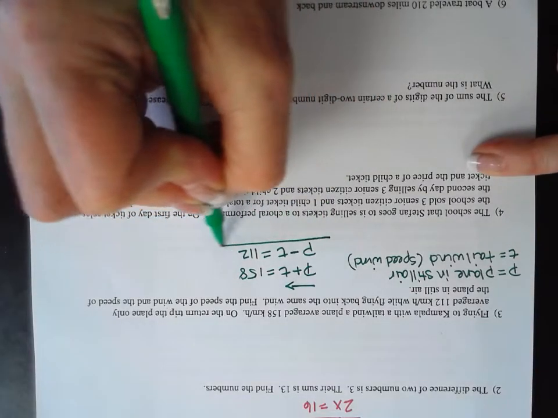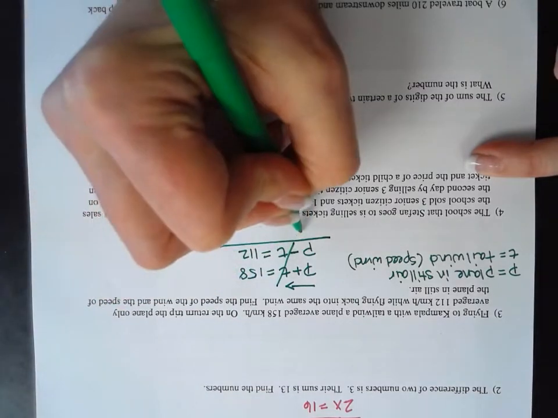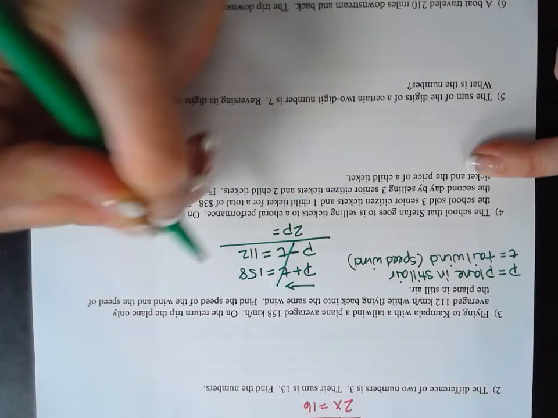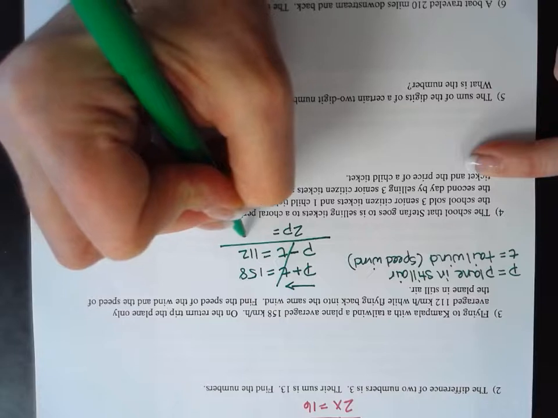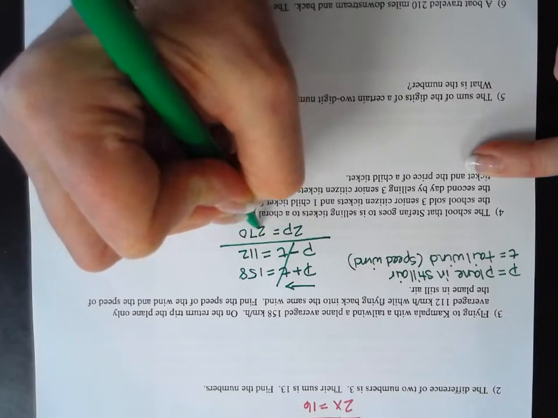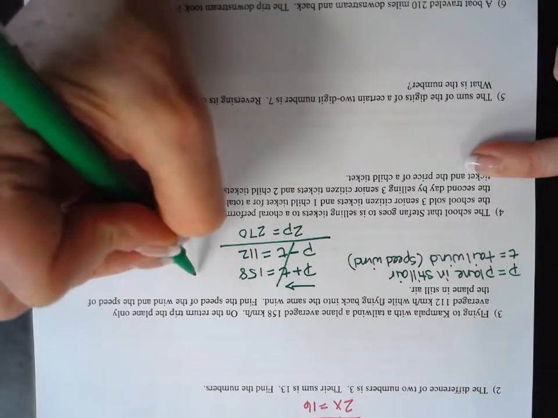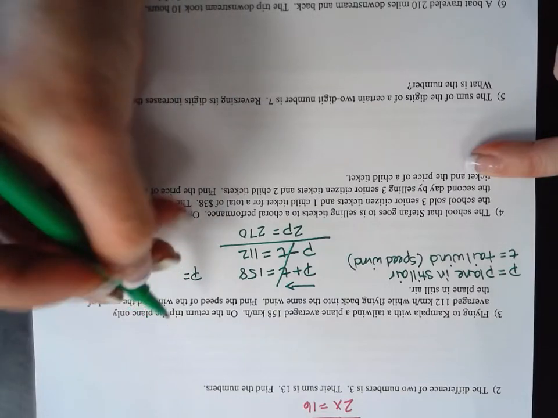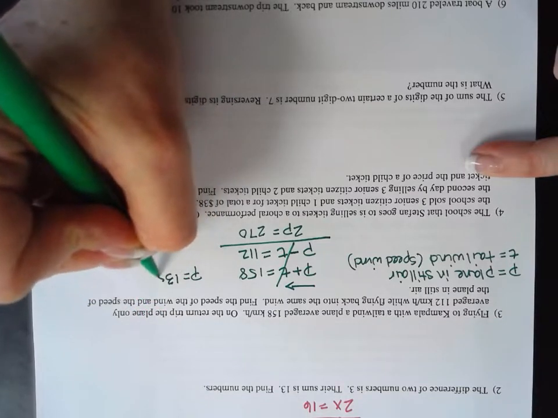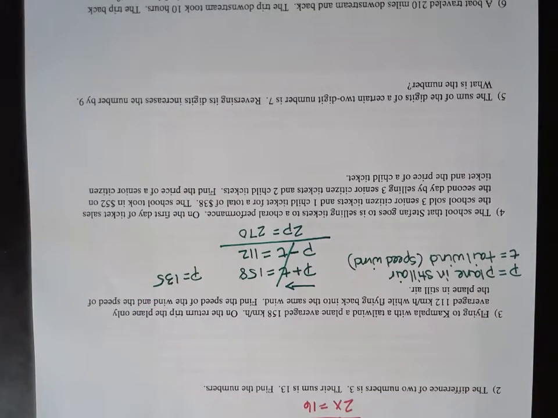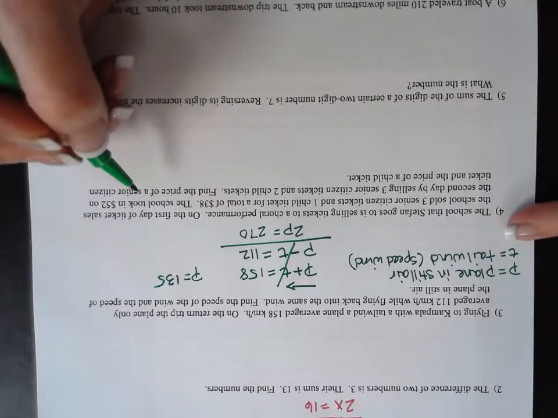Then my T's cancel, and so I get 2P is equal to 270. And so my plane speed is going to be 135. That's kind of slow for a plane, isn't it? I don't know, that's a good question.